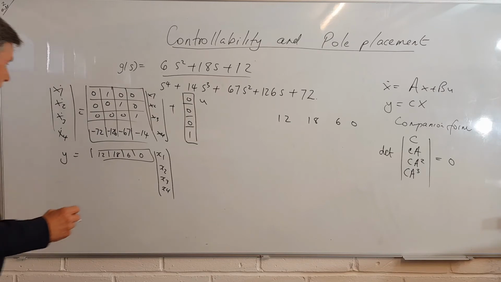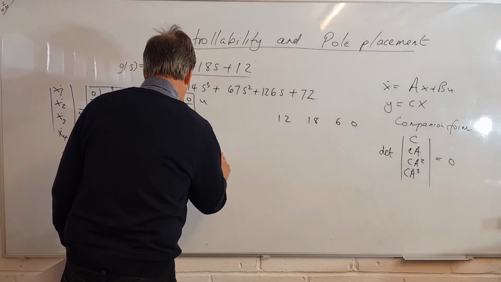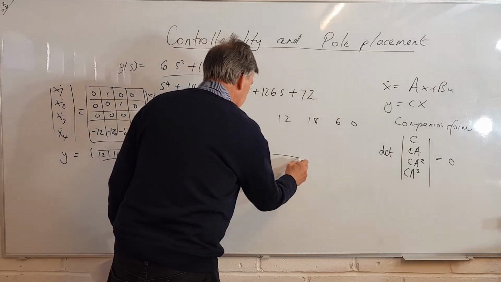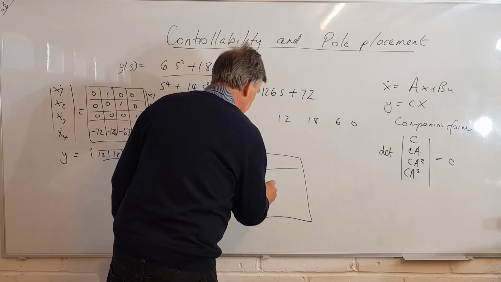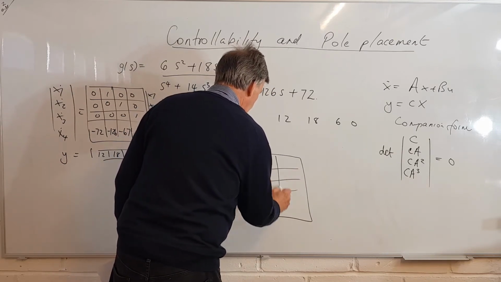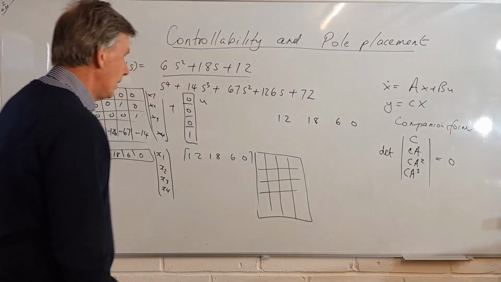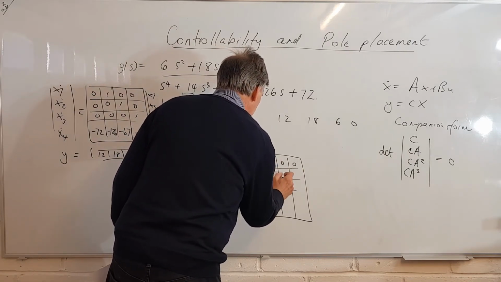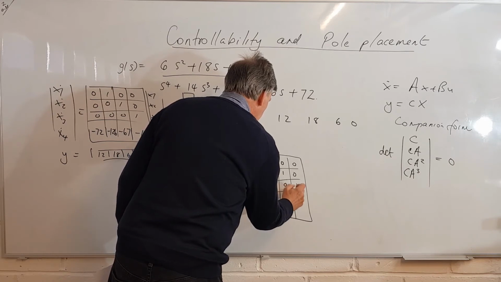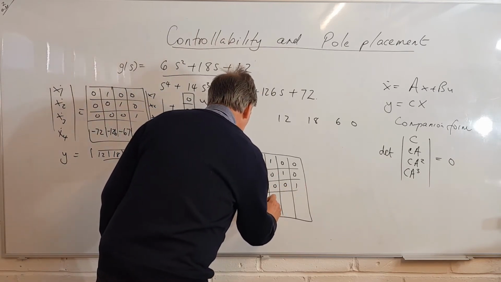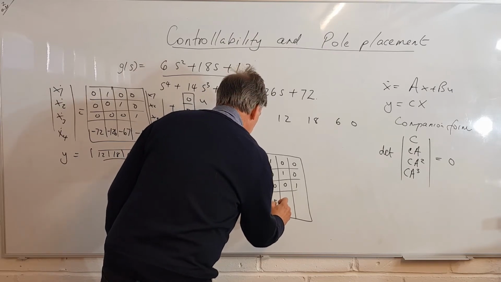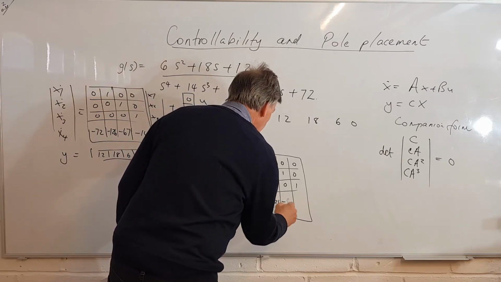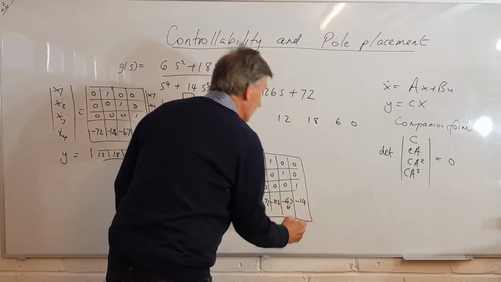That's 12, 18, 6, 0 into a 4 by 4 matrix, which is going to be 0, 1, 0, 0; 0, 0, 1, 0; 0, 0, 0, 1; and minus 72, minus 126, minus 67 and minus 14.